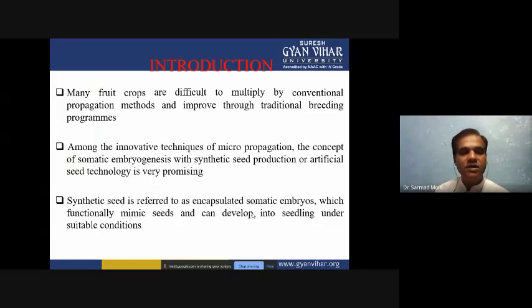Whenever we have demand in the market, we can take these artificially synthesized somatic embryos, or encapsulated somatic embryos, out from the storage, and then we can put these seeds in suitable conditions or suitable media, so that they can germinate and propagate, just as seeds develop into a plant in natural conditions. Likewise, we can develop these synthetic seeds into plants.